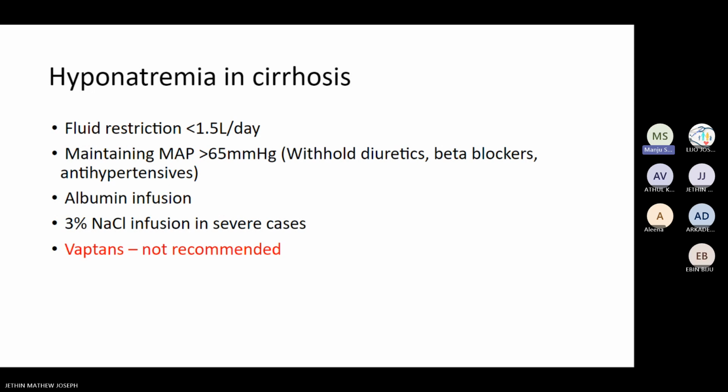The ideal thing here is it should be at least 500 ml less than their urine, which will be practically not possible in most cases because such patients, again, due to excessive ADH, will have excessive thirst. So when you restrict their fluids, when you tell them less than 800 ml per day, it makes their life actually very miserable. So fluid restriction to as much as possible, definitely yes.